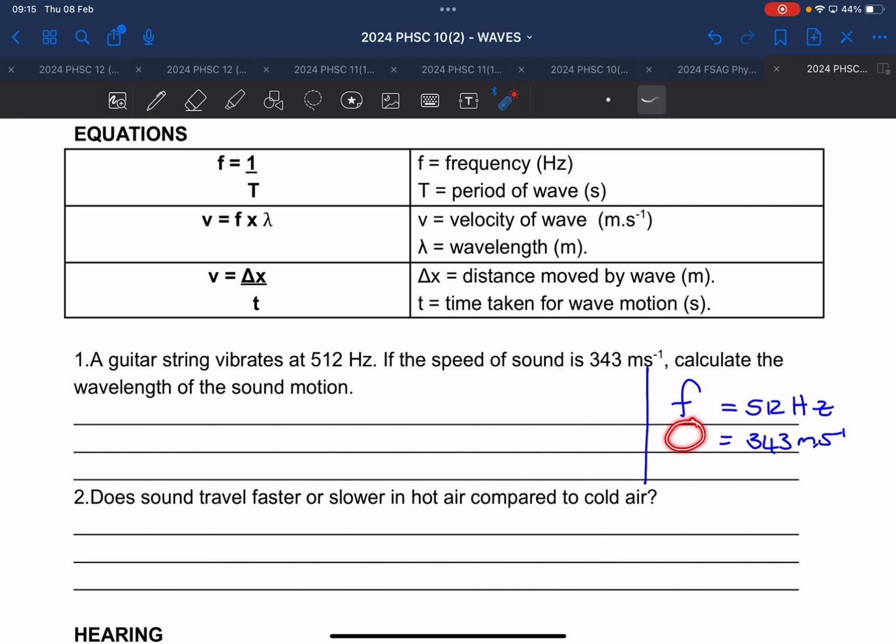What symbol goes with 343 meters per second? Velocity. They say calculate the wavelength. What is the symbol for wavelength?